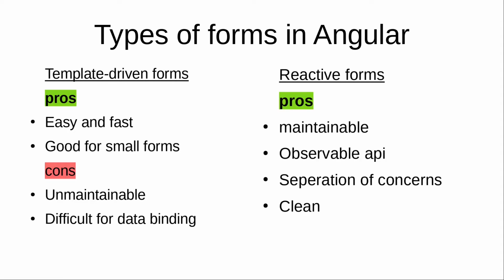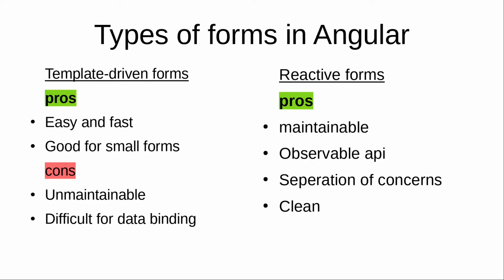There are a lot of pros. They're maintainable, they're observable. They give you an observable based API, so you can listen to data changes. Template driven forms do the same as well, but reactive forms are a lot cleaner, a lot more modern, and I recommend you use reactive forms. They also don't make your HTML messy.